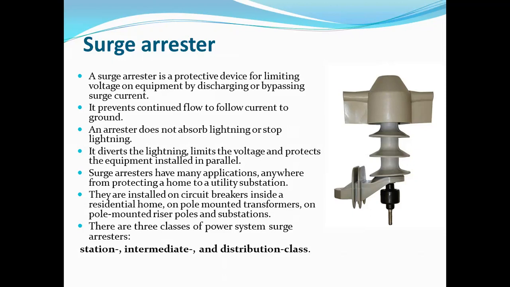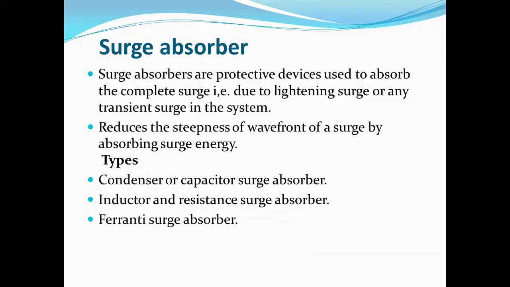There are three classes of these surge arresters. First is the station class, second is intermediate class, and third is the distribution class. According to these three classes, the surge arrestor is used.